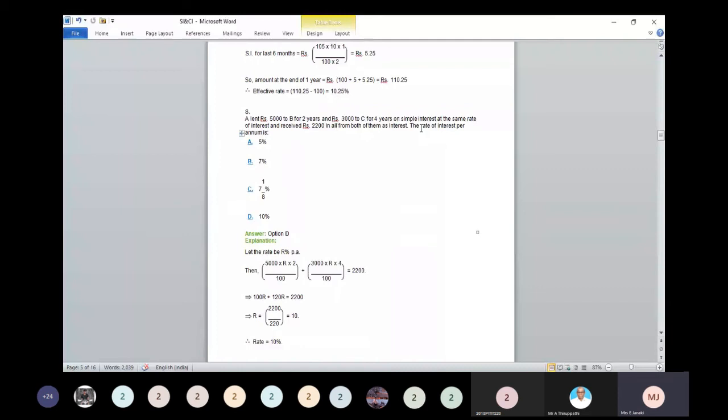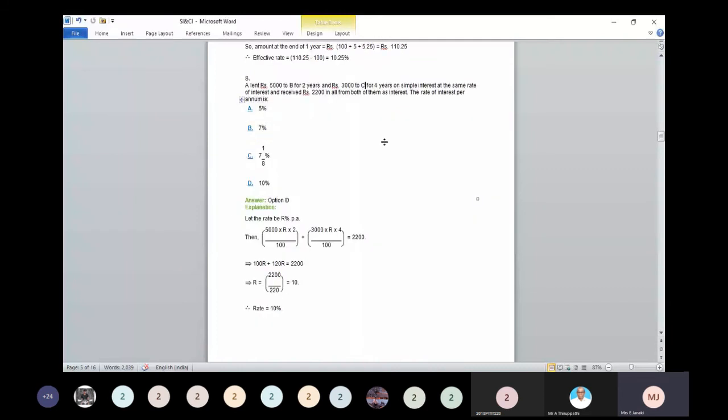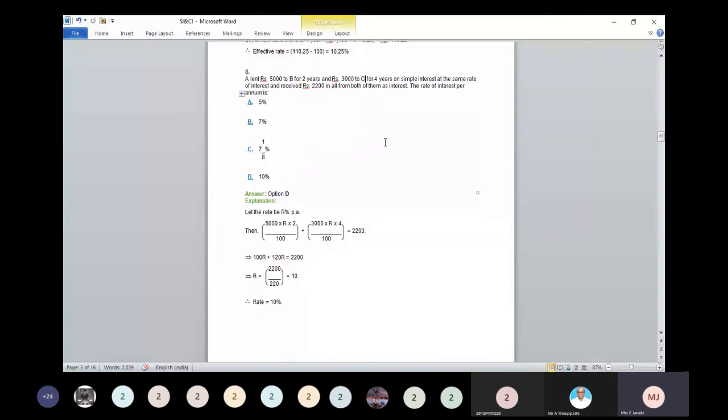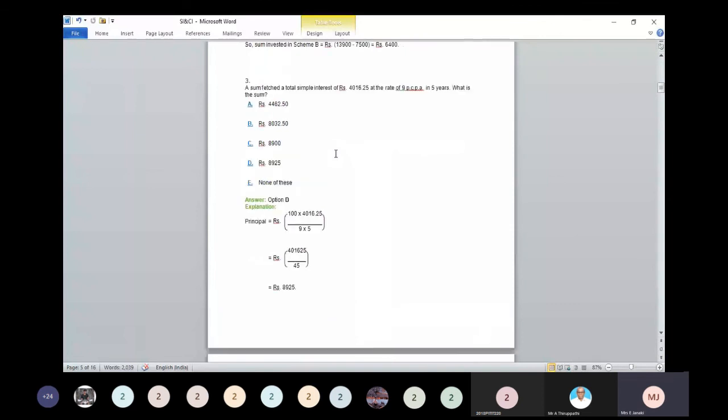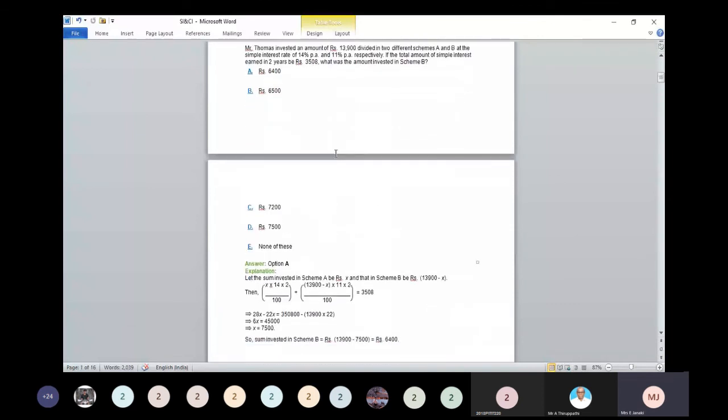Okay. So now to calculate this, what? In this problem, you have to calculate the rate of interest. The answer is also given, 2,200. The same type of problem we already did, right? I think, yes, the second problem. Yes, the same type.